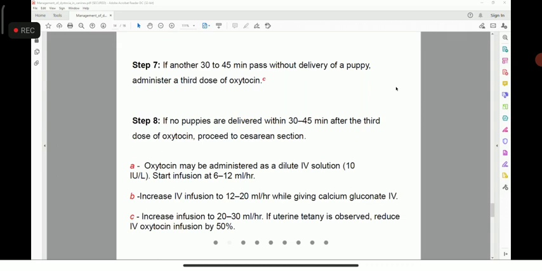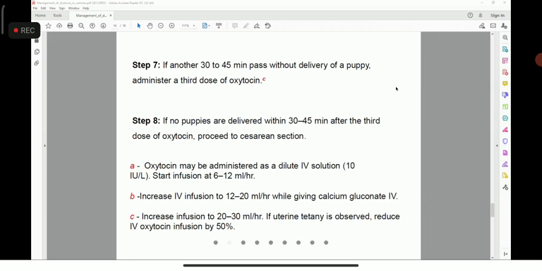Suppose you have given 20 IU in 4 or 5 shots. Now you cannot give more oxytocin. You can give an infusion as well, as it is written, drop by drop, or you can give shots. It's your wish.